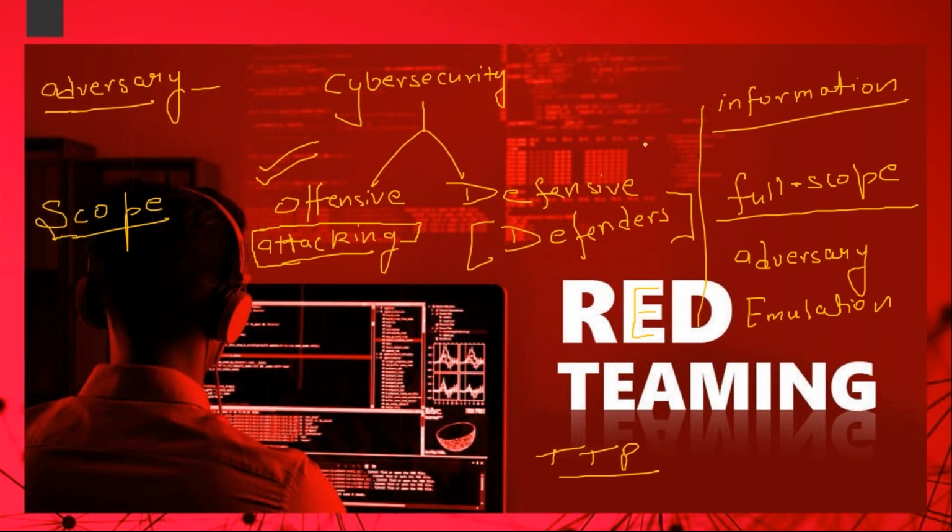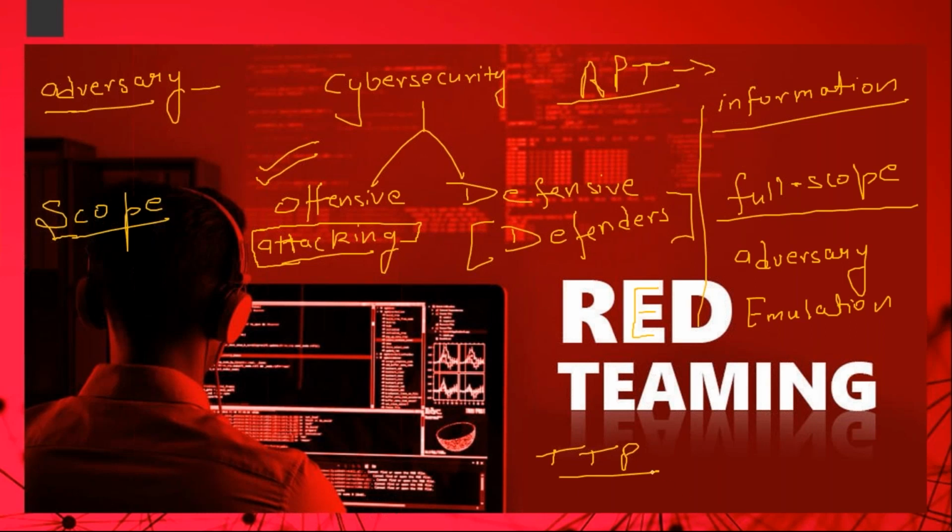So we have APT groups, advanced persistent threats. Advanced persistent threats are those who have extraordinary skills, and they don't just do anything. They try to persist inside your system for a longer period of time. They want to stay inside your system for a longer period of time, right? So those are advanced persistent threats, right?